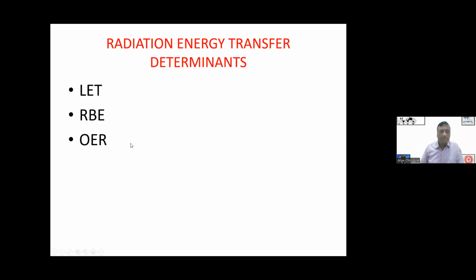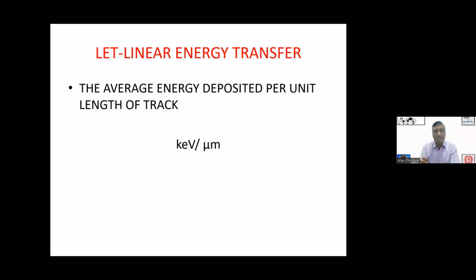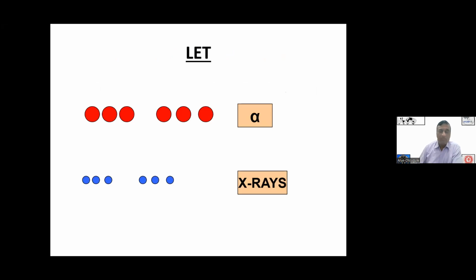OER is the oxygen enhancement ratio: in presence of oxygen versus in absence of oxygen, what happens, that we'll see. So again, in detail, the average energy deposited per unit length of the track, keV per micrometer, is called LET, linear energy transfer. For alpha particles, you know, they are charged, they have mass.